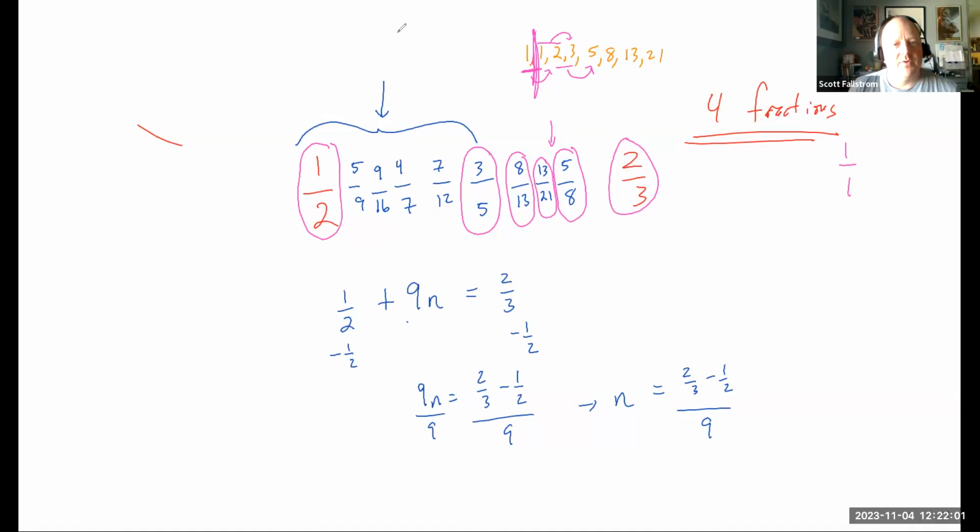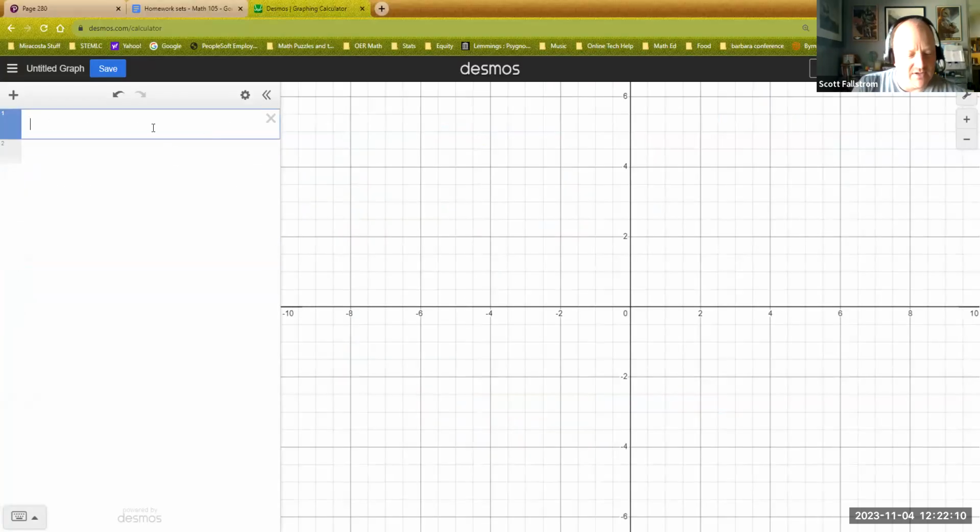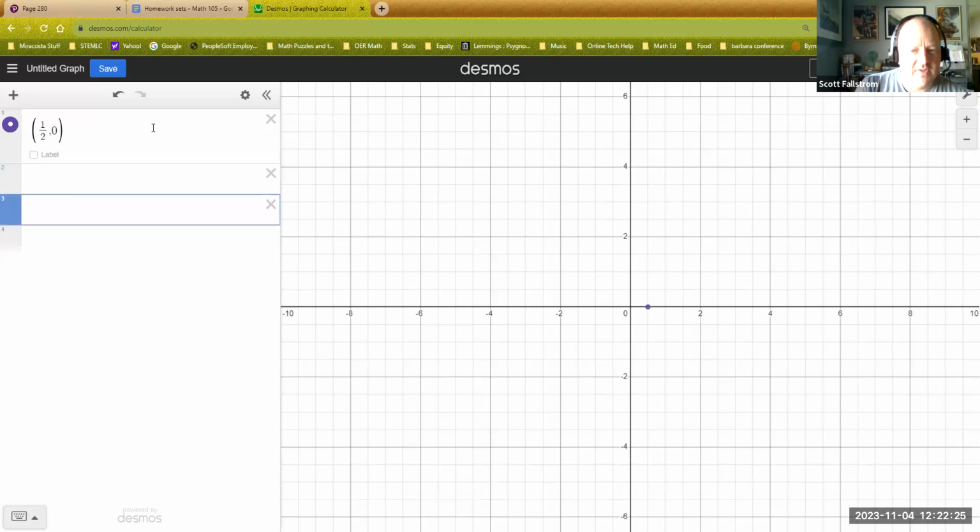And so I am going to open up Desmos to demonstrate this because I think it's super cool. So in Desmos, I could write 1/2, 0. Okay, and so there's my point.